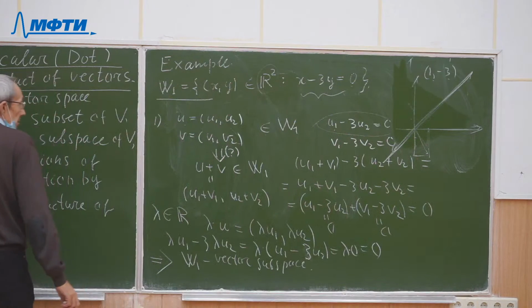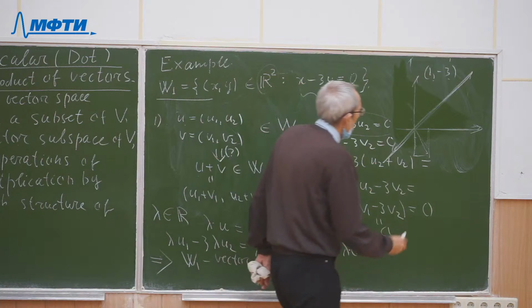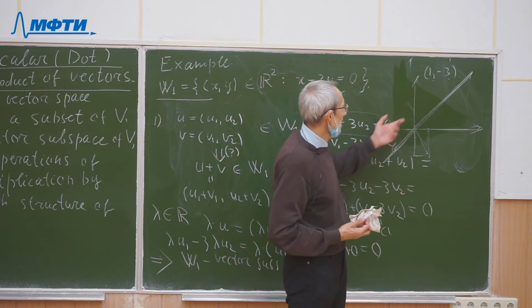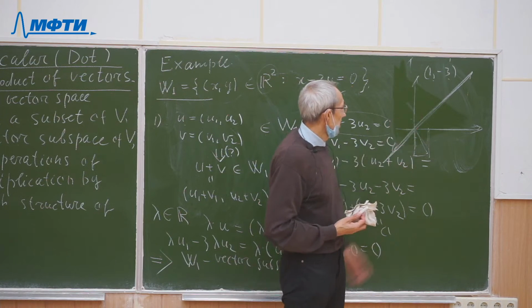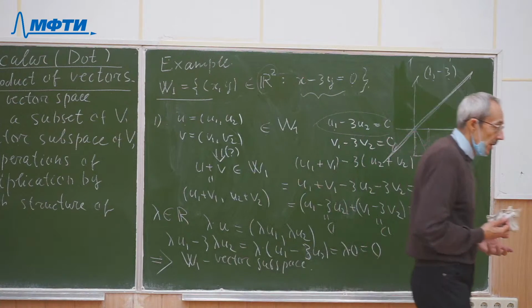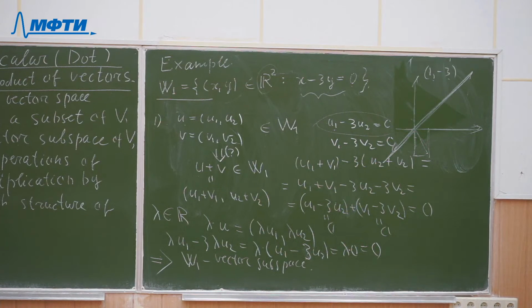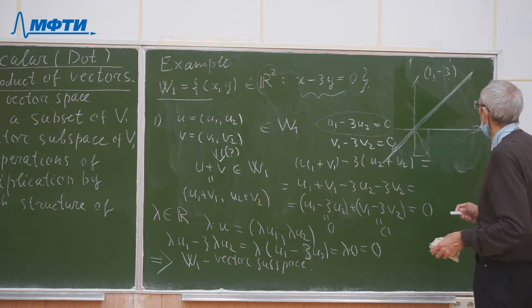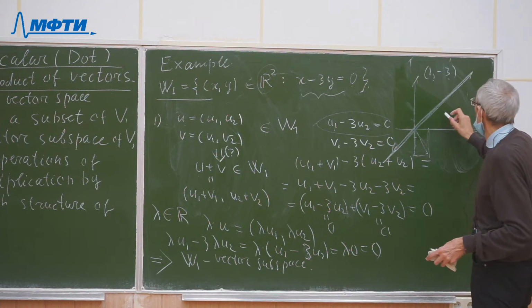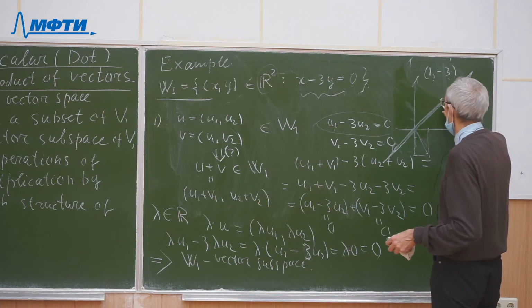And easy to see that all vectors which belong to these sets, the vectors which are parallel to this straight line, the vectors with coordinates 3, 1.